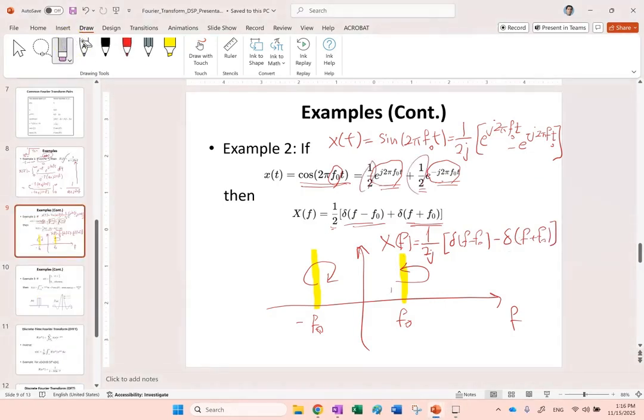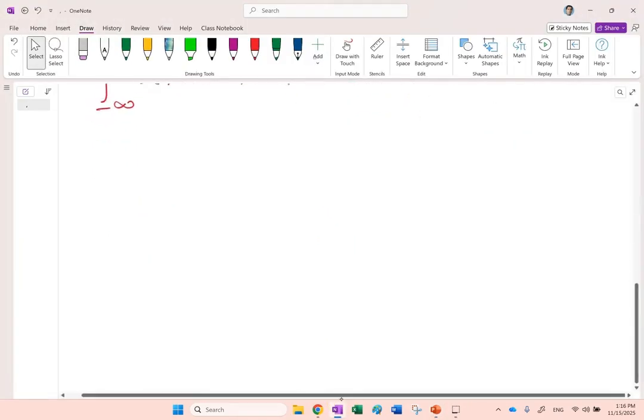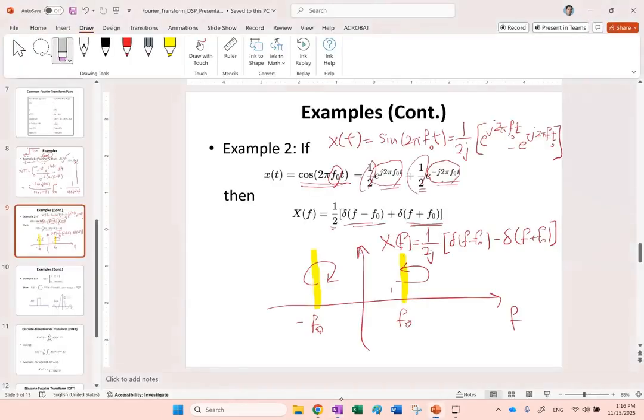Okay, so now that you have the function, how does it look? If I want to plot them both, because look here, you have a complex component, you have j here, right? In the cosine, you did not have any j, they are just 1/2. But here is different.